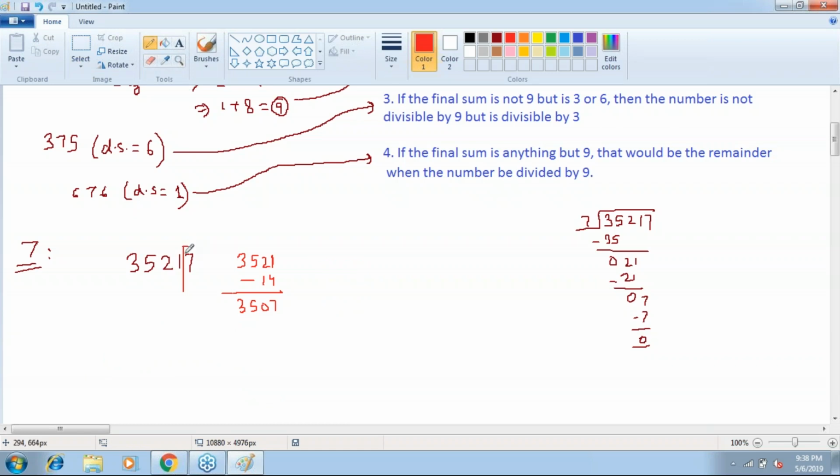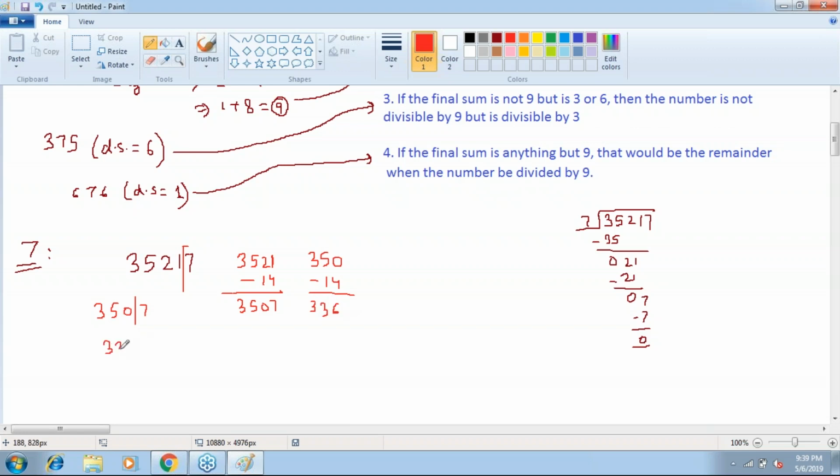Detach the last digit from the number and subtract the double from the remaining number. So from 35217, I detached 7 and subtracted 14 from the remaining number. I got 3507. From 3507, I have to detach 7 and subtract double of 7 from the remaining number, that is 350, which is 336.